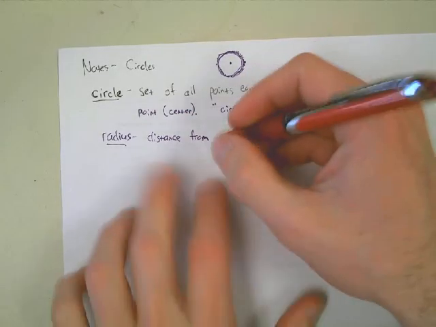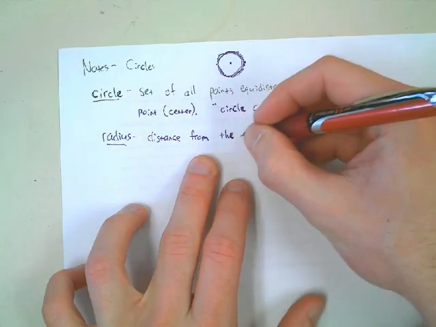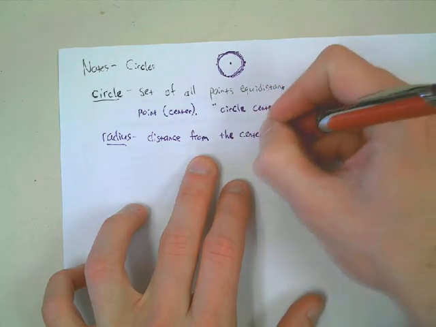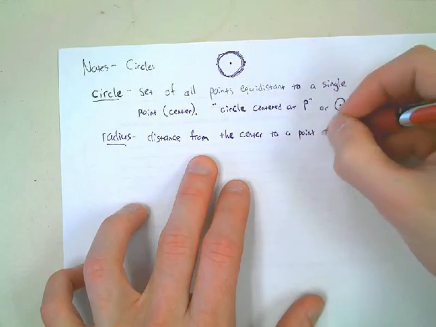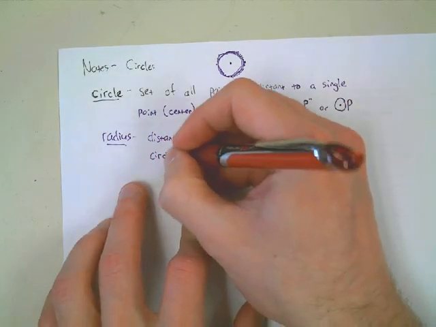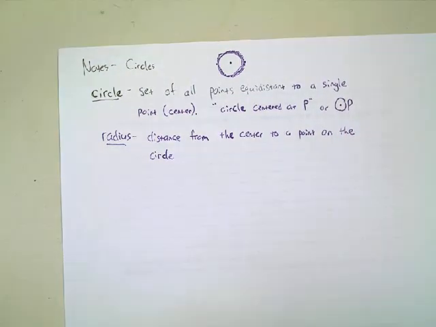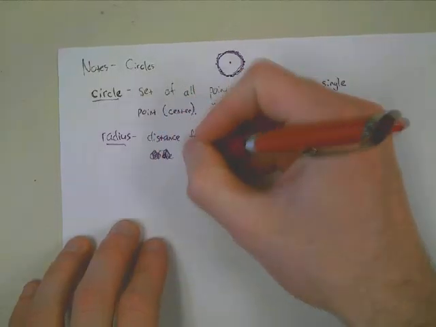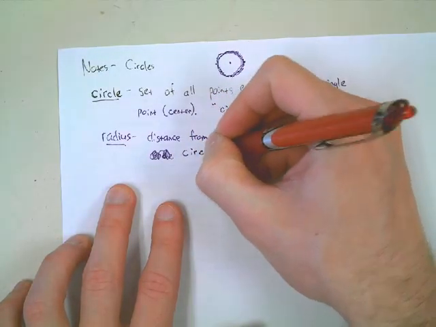The distance from the center to a point on the circle. Every time I write the word circle, I feel like it looks like C-I-R-D-E. I'll try to make it better.